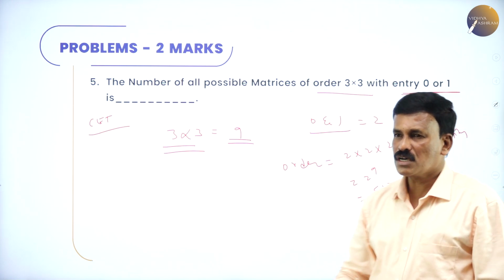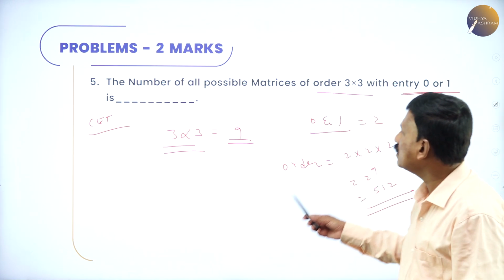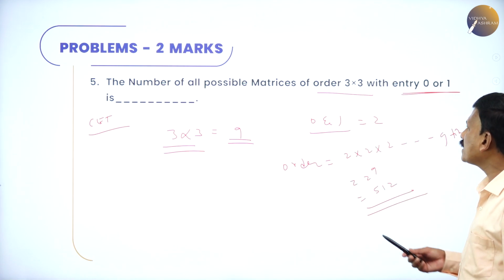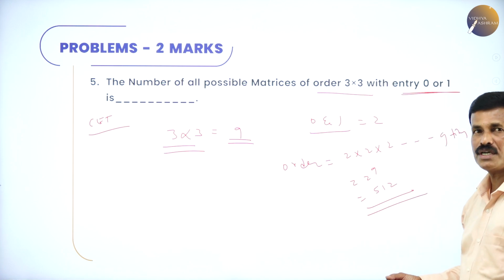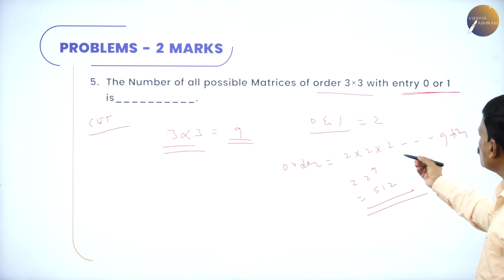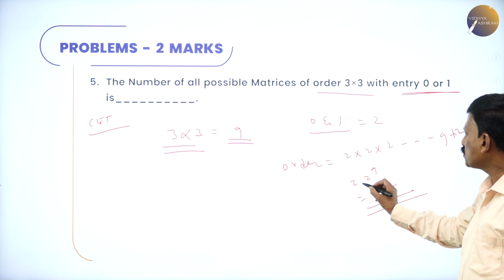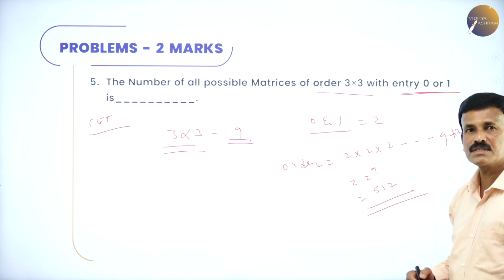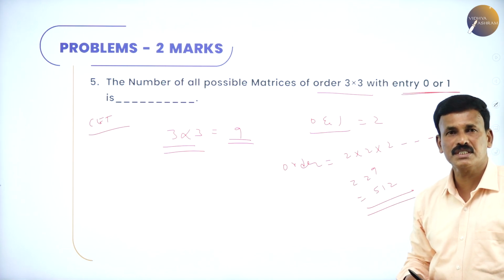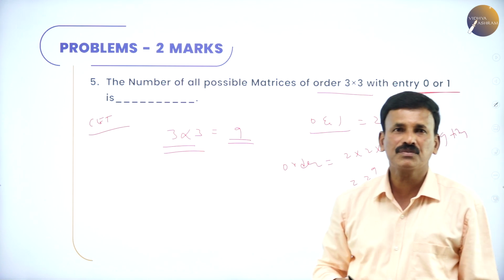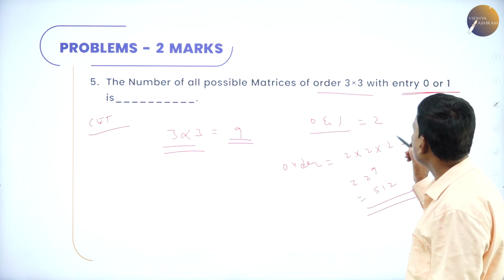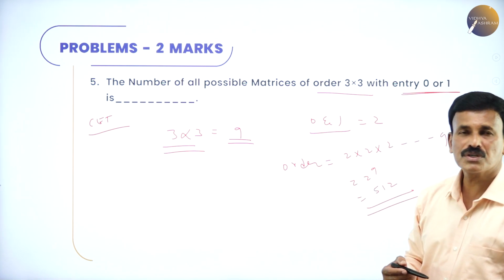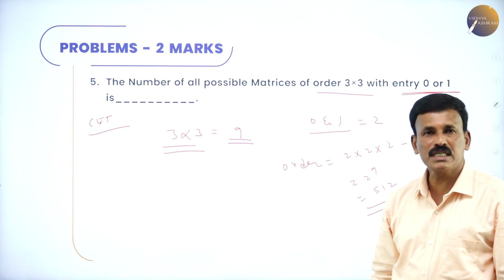So this is how you write the number of possible matrices of order 3 cross 3 whose entries are 0 and 1. Since there are 2 elements to be put in 9 places, 2 to the power of 9, which gives 512, is the number of possible matrices with elements 0 and 1 for 3 rows and 3 columns.